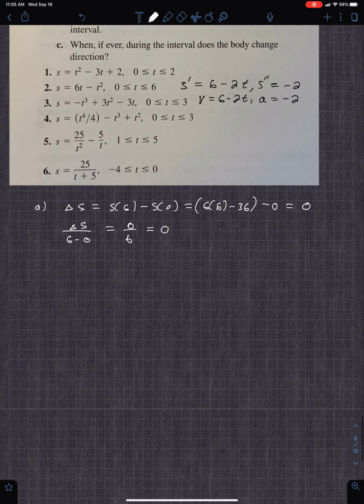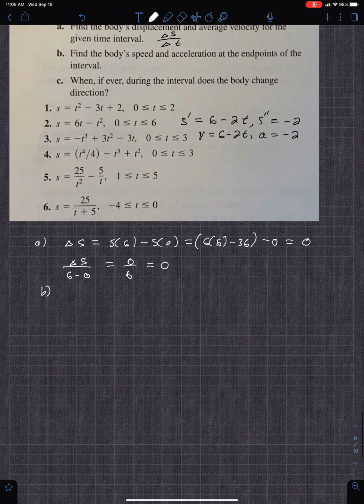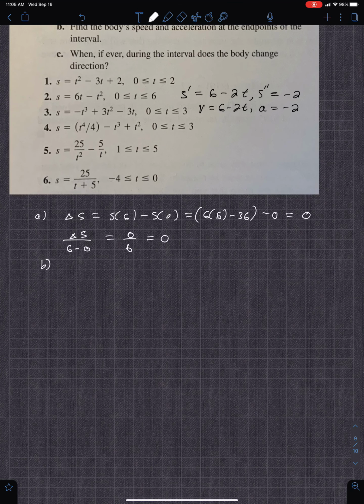Okay, now B asks the question, find the body's speed and acceleration at the endpoints of the interval. Well, you just calculate that. We already calculated v. So the velocity is v of 0, which would be 6 minus 0 is 6.